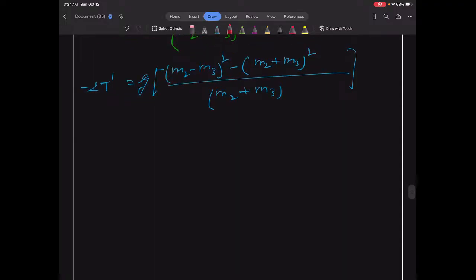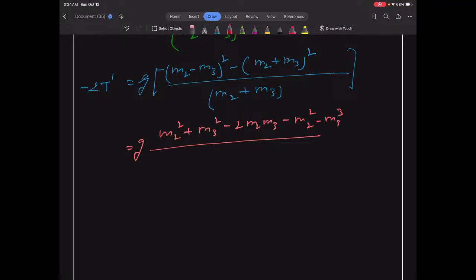So now it is simple, we just open the bracket and G will be common, so this will be giving us M2 square plus M3 square plus twice M2 M3, minus, sorry, this will be minus here, this will be minus M2 square minus M3 square and minus of twice M2 M3, divided by M2 plus M3, and this is minus 2T prime.